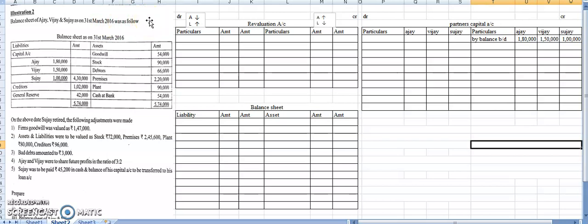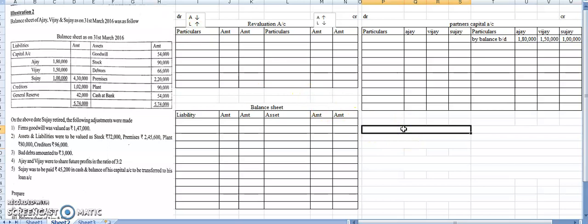When old ratio is not given, it is assumed that the old ratio is 1:1:1. Now remember, when old ratio is not given in the problem, we have to take 1:1:1. So we will distribute the general reserve in this old ratio.